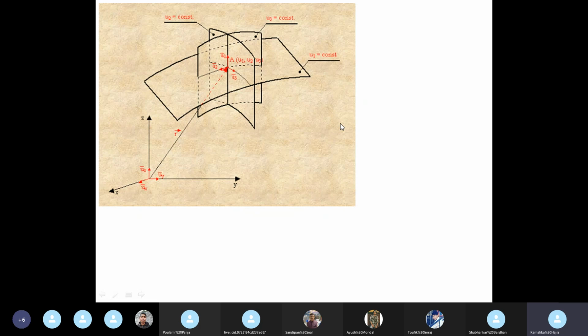You can see clearly from the picture that these surfaces are not flat plane surfaces. They are arbitrarily curved. In this particular picture, they have shown three surfaces which are symmetrically curved, but it might well occur that in the universe you get intersecting surfaces which are not symmetrically curved.